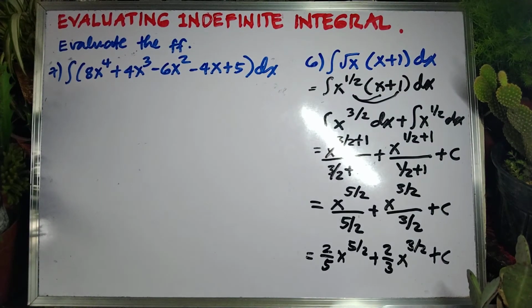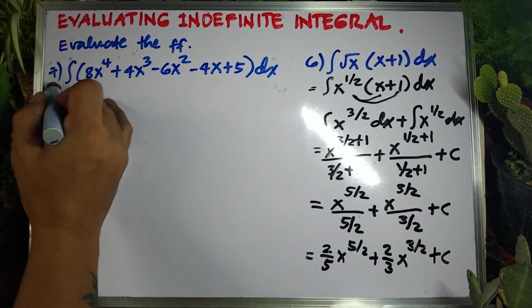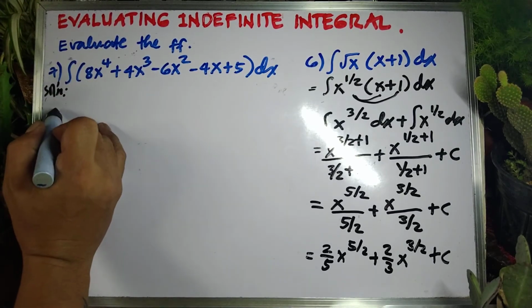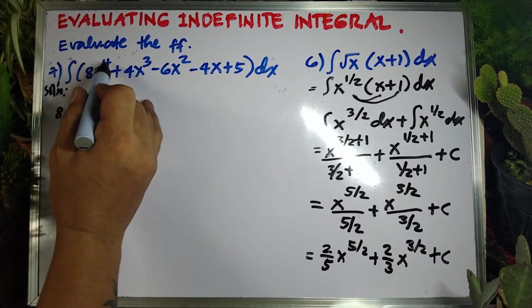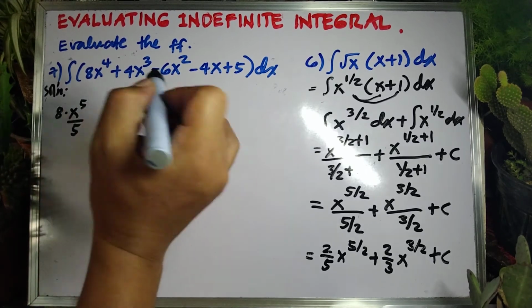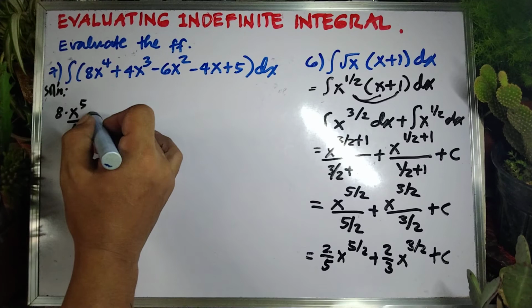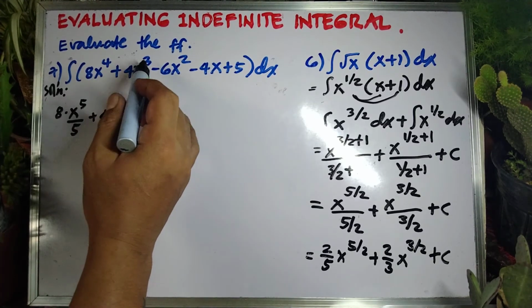Okay, we have here. First, diretso na tayo. 8 times x. So, 4 plus 1 is 5 over 5. Di ba mag-a-add lang tayo ng exponent eh. Plus, copy 4 times x. 3 plus 1 is 4.